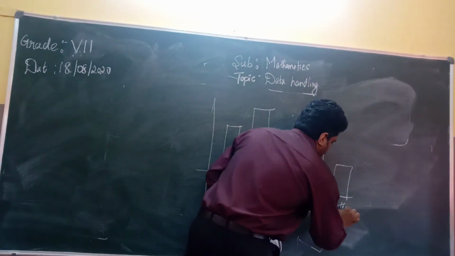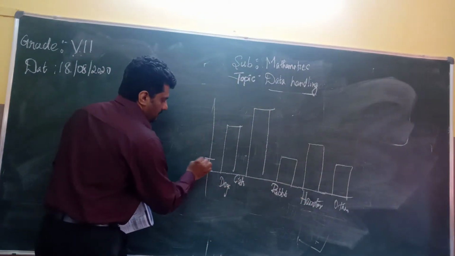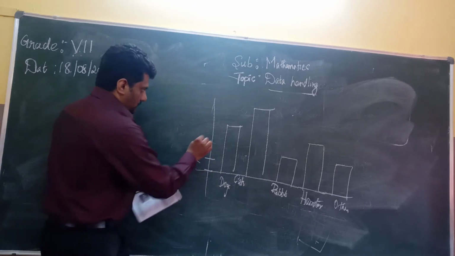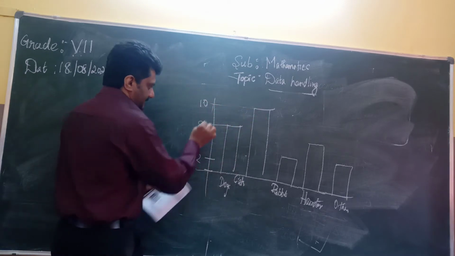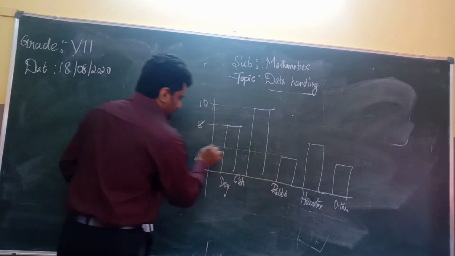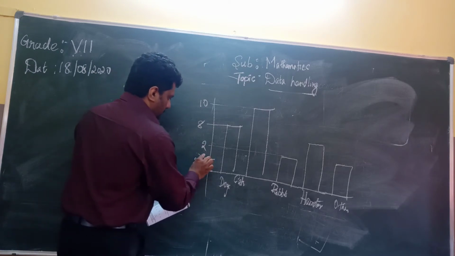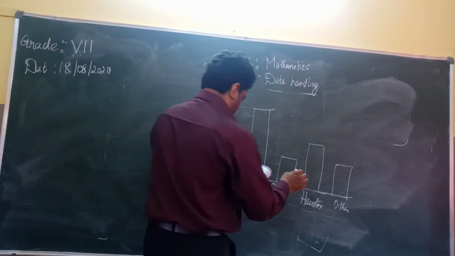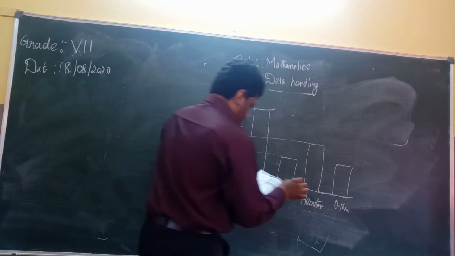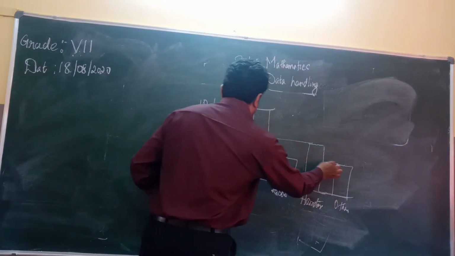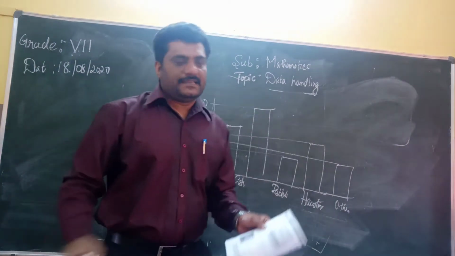And others. Now here, if you see the scale here, this is 8, this is 10, this is 2, this is 4, this is in between. Now this is what they have given in the question.